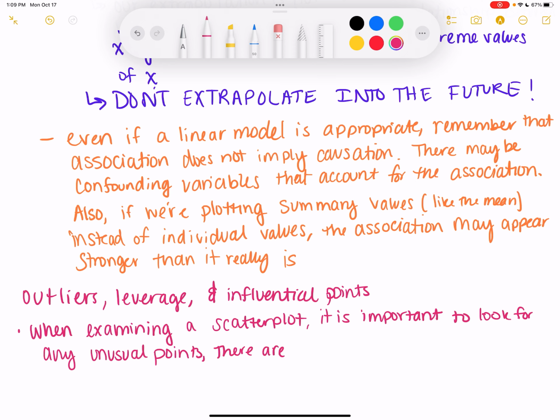There are 3 ways a point can be considered unusual.